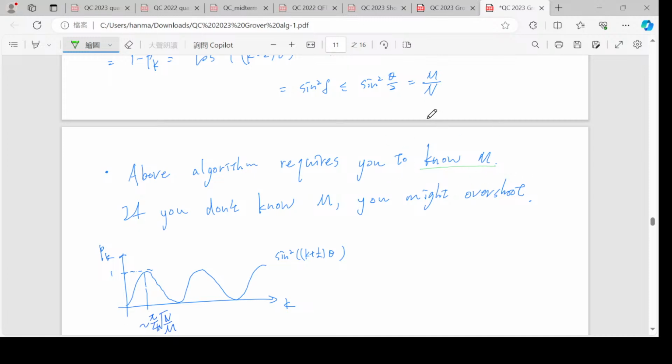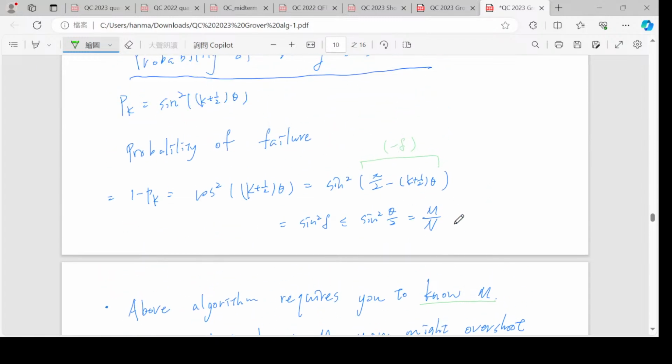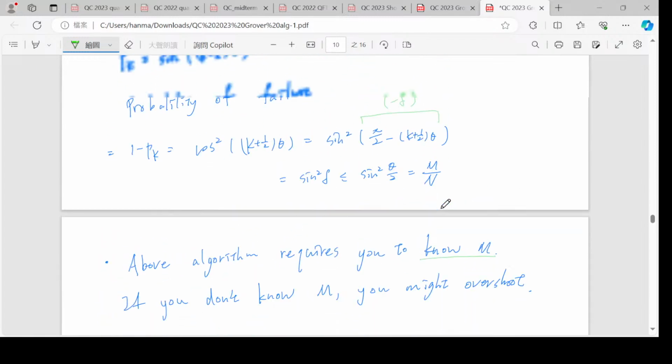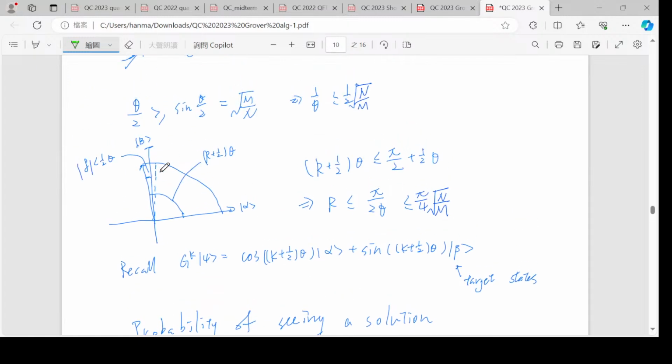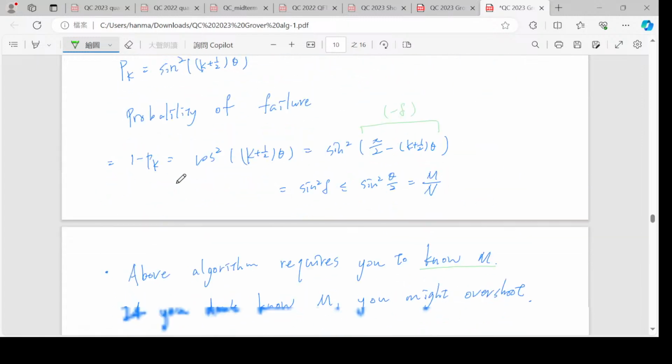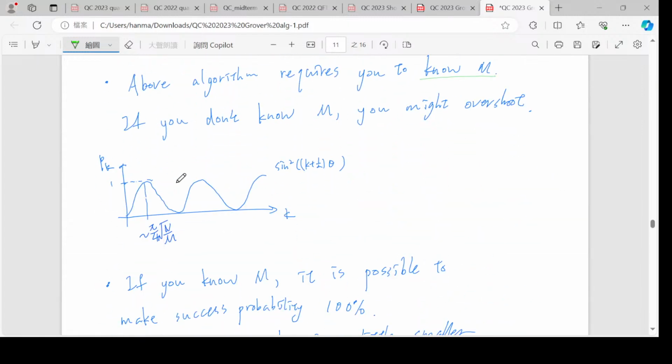The annoying part about Grover's algorithm is that all the analysis above requires that we know m. We need to know what m is, so we know how to stop around this delta angle, this delta error there.